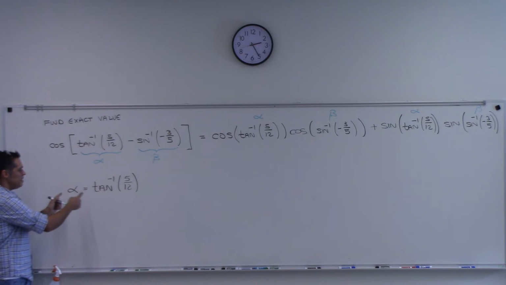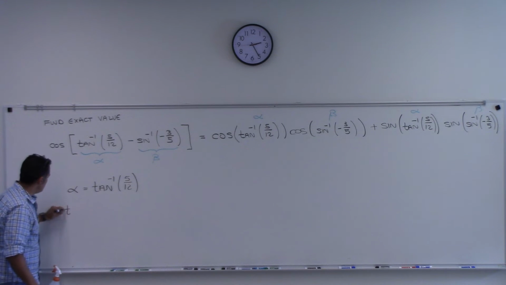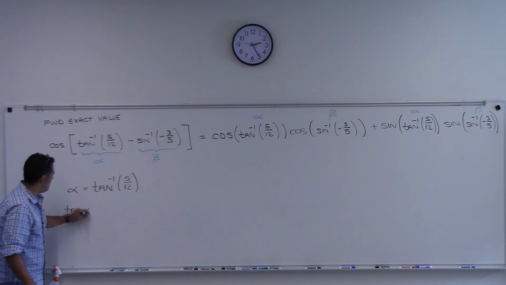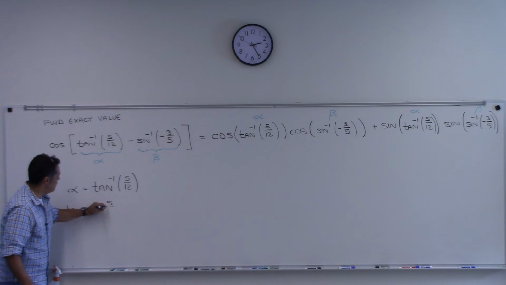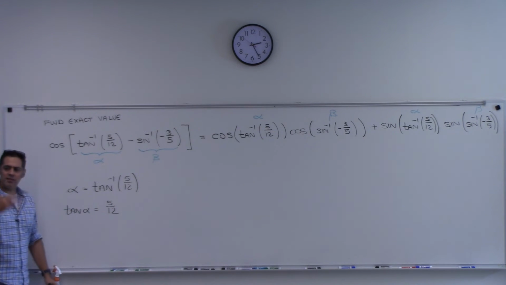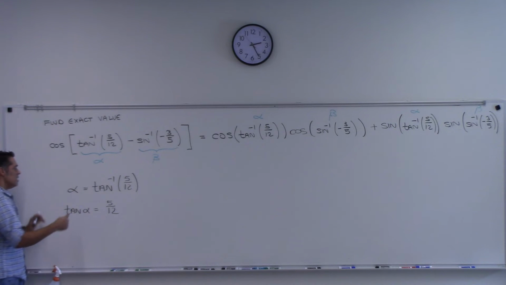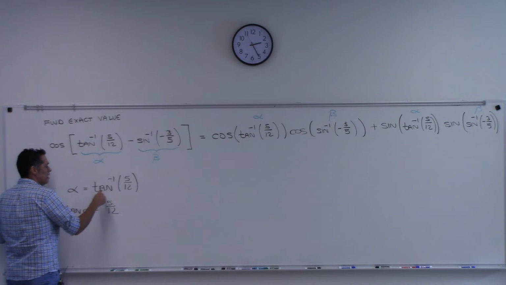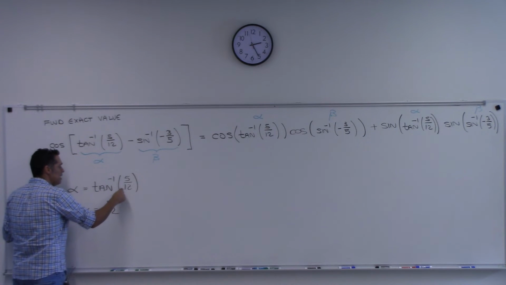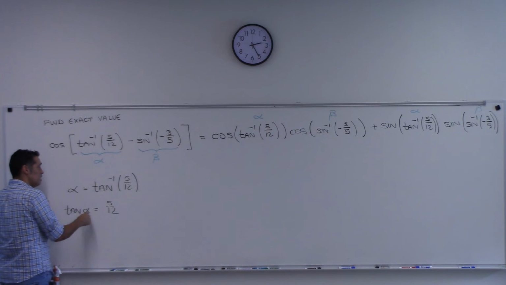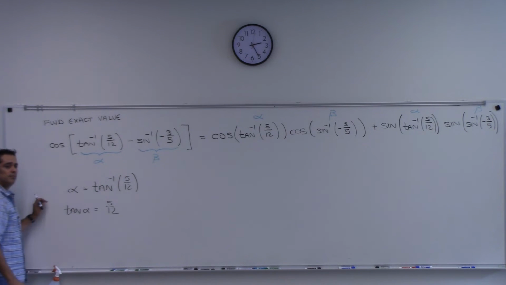But doesn't this mean that tangent of alpha must be 5/12? This goes back to when we were studying inverse trig functions. To say that this angle is the inverse tangent of 5/12 means that if you take tangent of that angle, you should get 5/12.